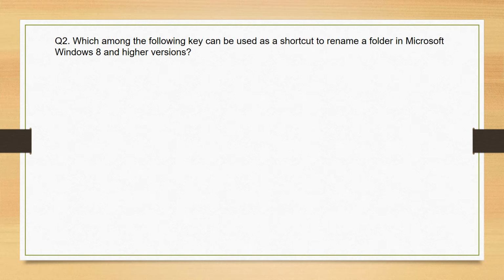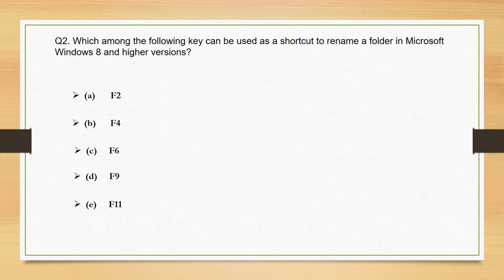So which among the following keys can be used as a shortcut to rename a folder in Microsoft Windows 8 and higher versions? Higher versions are like 8.1 or 10. So what are the options we have? We have the options F2, F4, F6, F9 and F11.